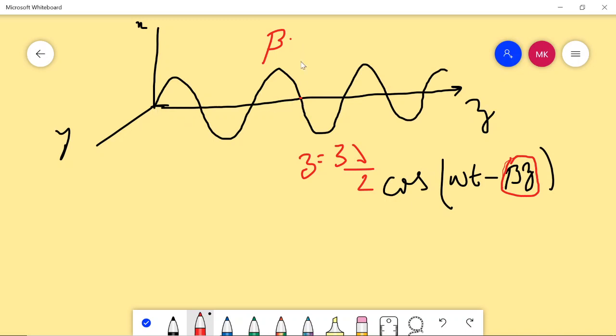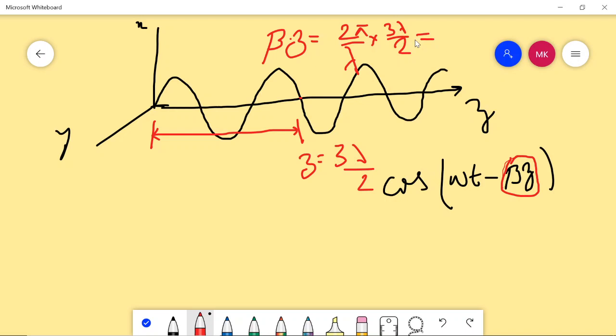If this is z, you multiply with the z, so beta is 2 pi over lambda, and you multiply this with this value of z up to this point, this distance. You multiply this distance from origin to this point to get the total phase. So here we have taken the example z is 3 lambda by 2.